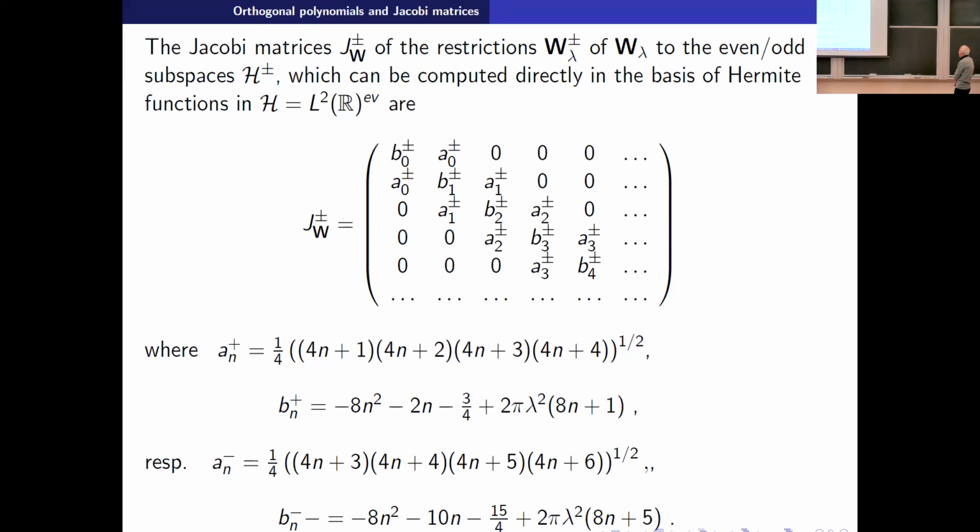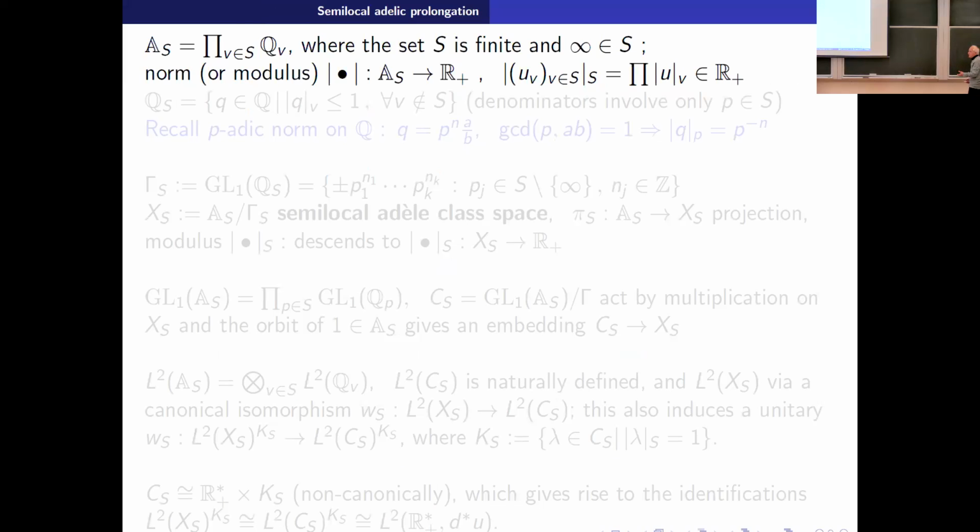As you can see, the diagonal part involves lambda, as it should, because the diagonal part brings in the number operator. Okay, so this is sort of standard type of matrices in the moment problems, the Hamburger moment problem, the Stieltjes moment problem if you work on the half line, all these things.